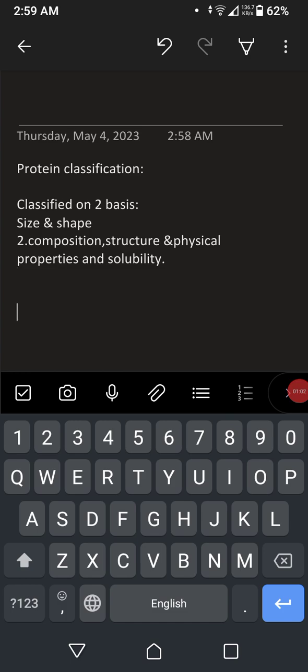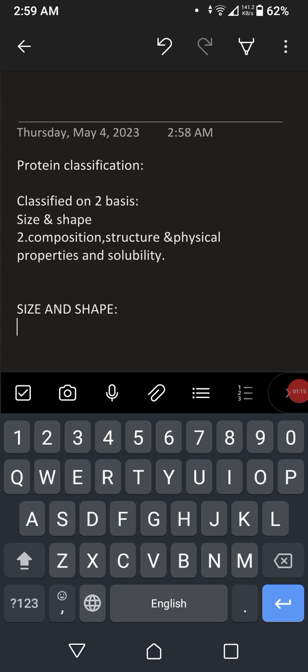First we are going to discuss the classification on the basis of size and shape. Basically, on the basis of size and shape, it is divided into subparts.